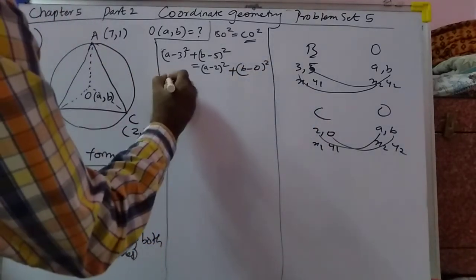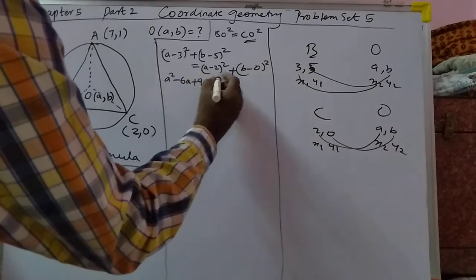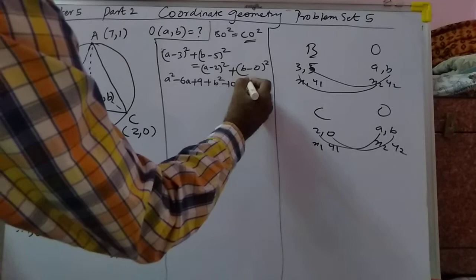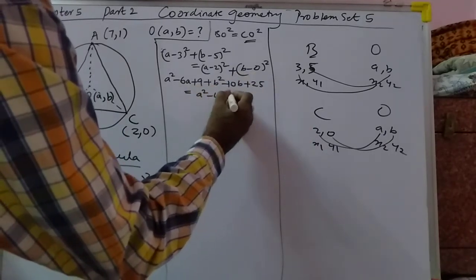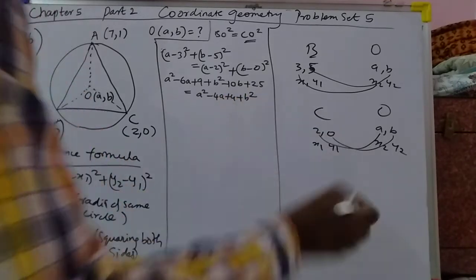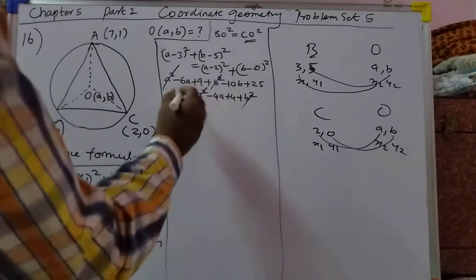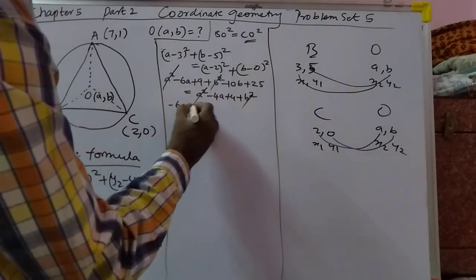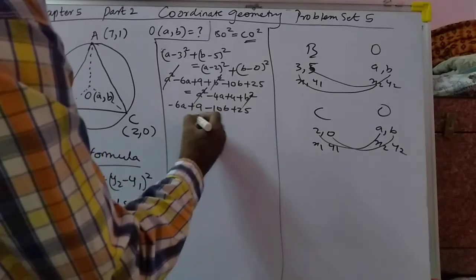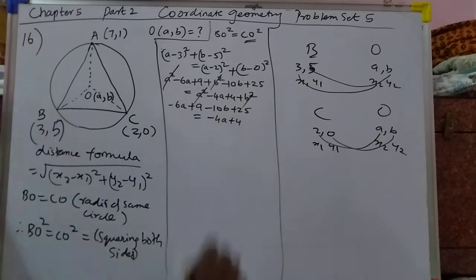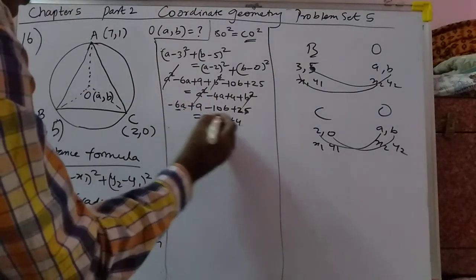Now we will expand it. It will become a square minus 6a plus 9 plus b square minus 10b plus 25 is equal to a square minus 4a plus b square. You can cancel many things. a square, b square cancel हो जाएगा. What is remaining? Minus 6a plus 9 minus 10b plus 25 is equal to minus 4a plus 4. हम इसको group करेंगे, 6a and 4a.